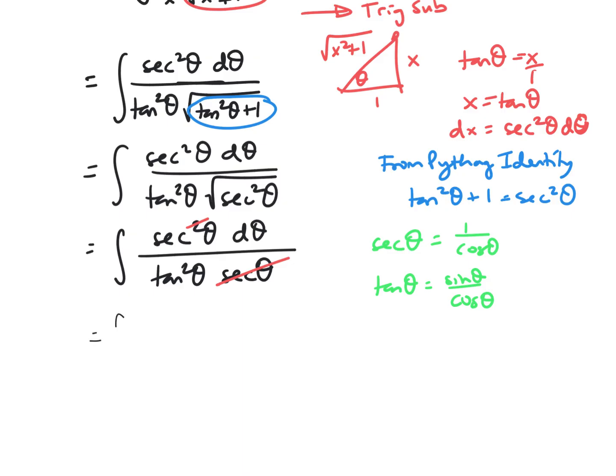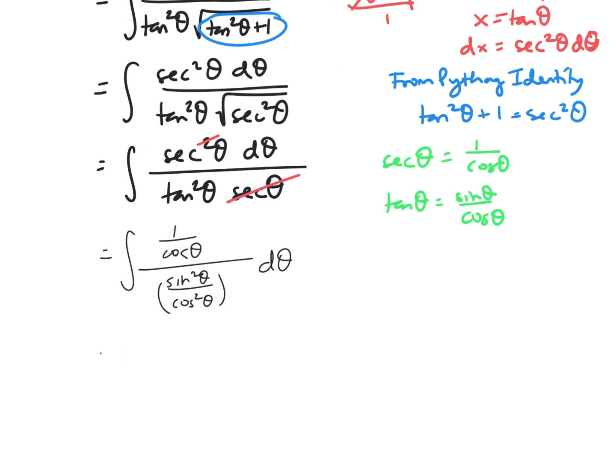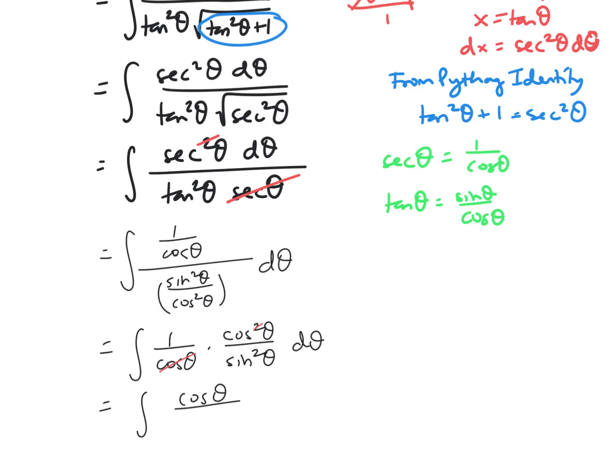So this rewrites as the integral of 1 over cosine theta divided by sine squared theta over cosine squared theta, because it's squared, d theta. If I divide by a fraction, it's like multiplying by the reciprocal, which is way easier for me to handle. So this is cosine squared over sine squared. And now I can cancel a cosine, and I'm left with cosine theta over sine squared theta d theta.